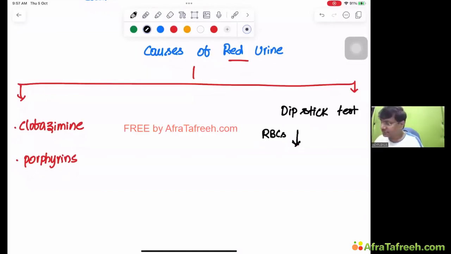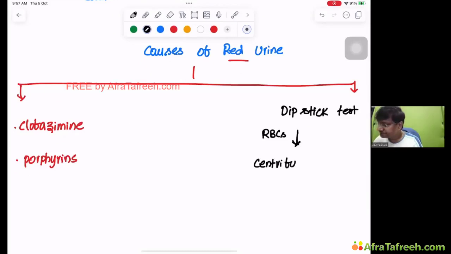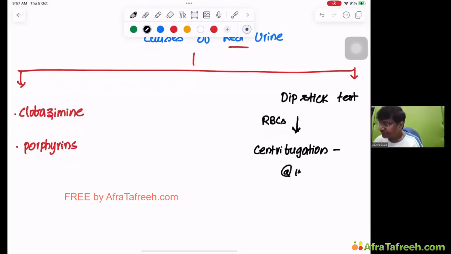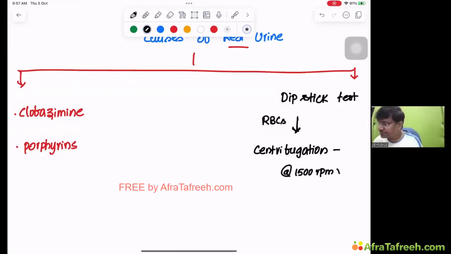To make that out, you need to do centrifugation of that sample. Right? Centrifugation should be done. And what should be the rate at which the centrifugation is done? That is at a rate of 1500 rotations per minute for 5 minutes. Right? For 5 minutes.